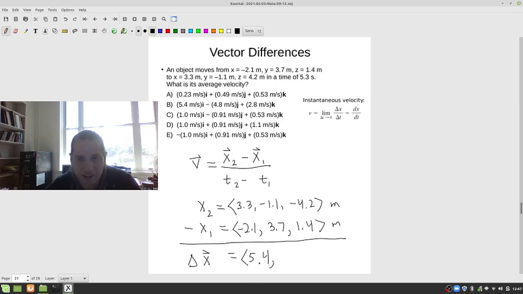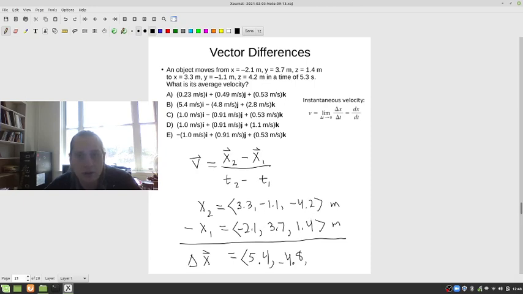Okay, this is minus 1.1 minus 3.7. So that's minus 4.8. And then for my last one, I have minus 4.2 minus 1.4. Just checking to make sure I have these right.